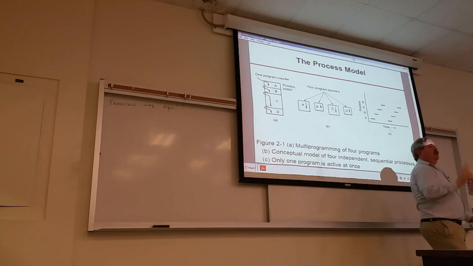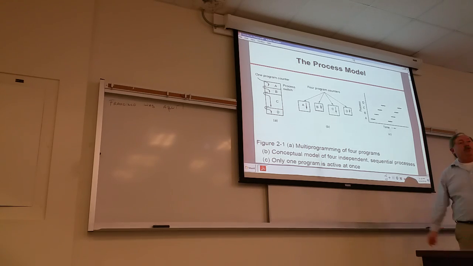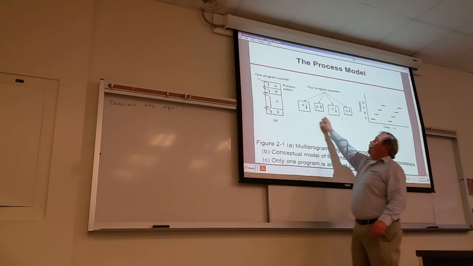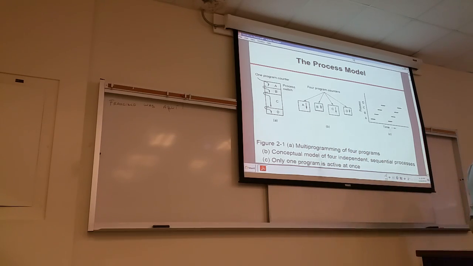So the one processor has a register in it called the program counter, which contains the address of the next instruction for that processor to go and fetch. Now in this model, what I'm saying is that I could have multiple processes, and each process could have a copy of its program counter.